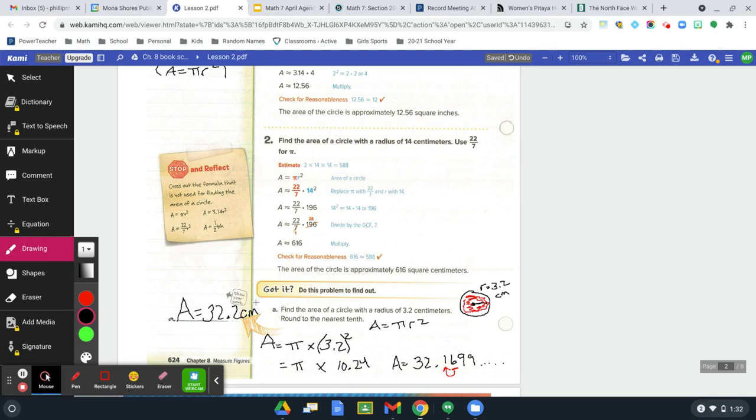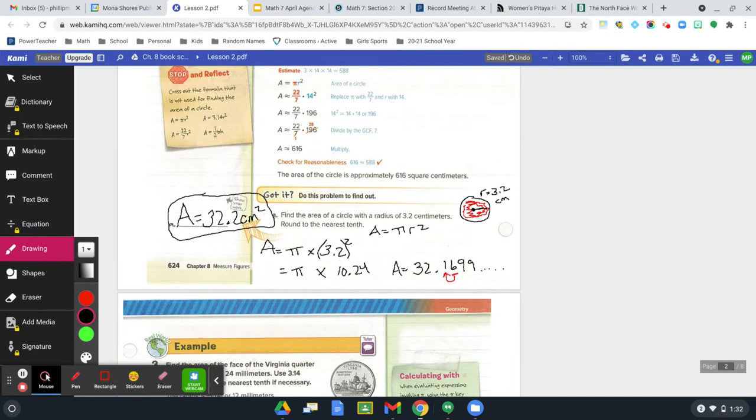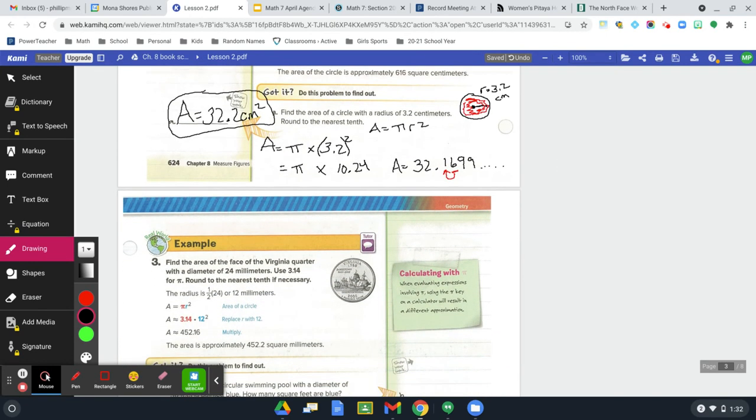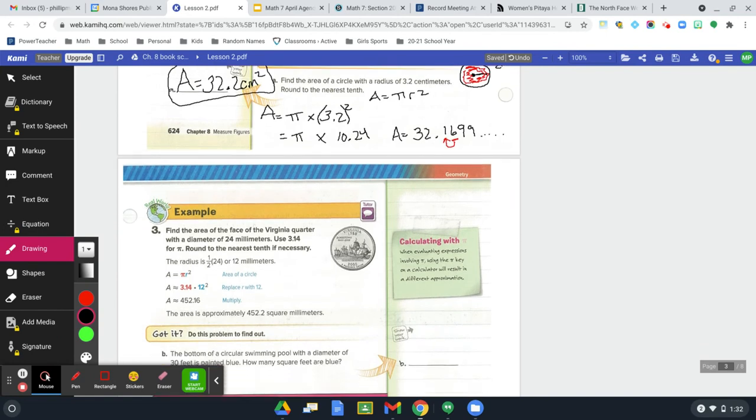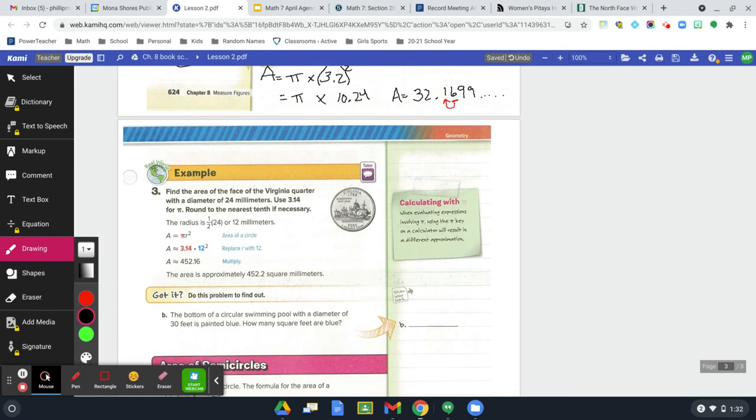Anytime you find the area, it's square units. So centimeters squared. Area equals 32.2 centimeters squared. Okay, let's try another one. We're going to go to the next page, which is 625.